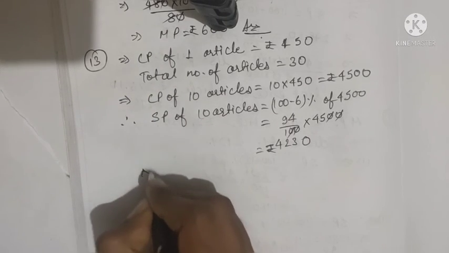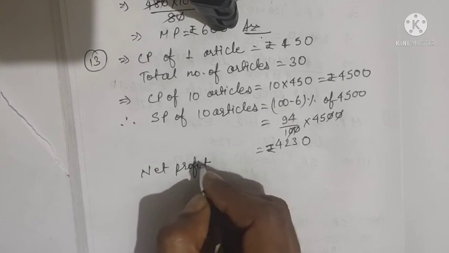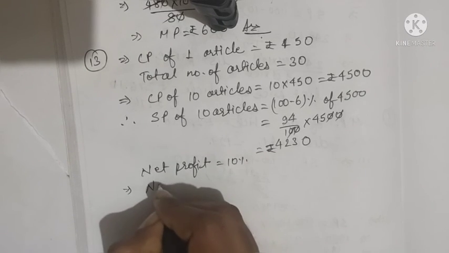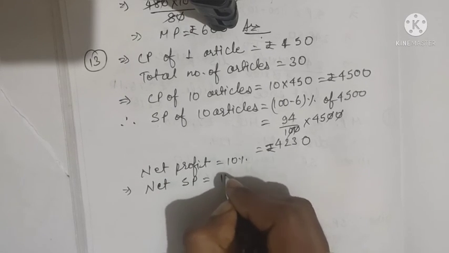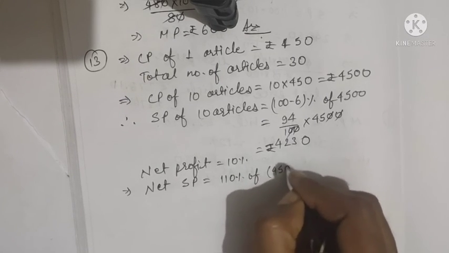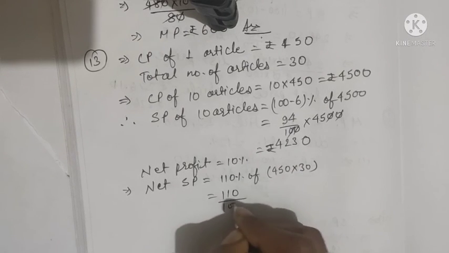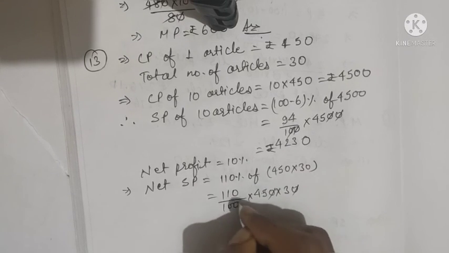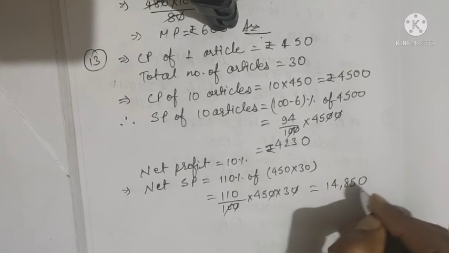So the net profit is given here, 10%. That implies net SP will be equal to 110% of the price of whole articles, that is 110 by 100 into 450 into 30. 0 to 0 cancel. This will be 14,850.